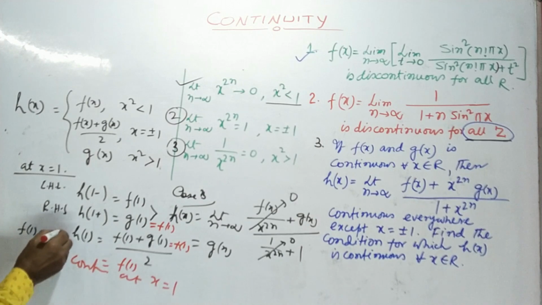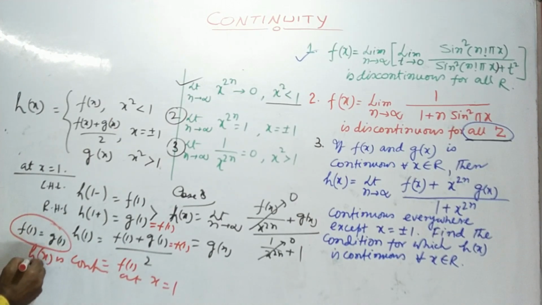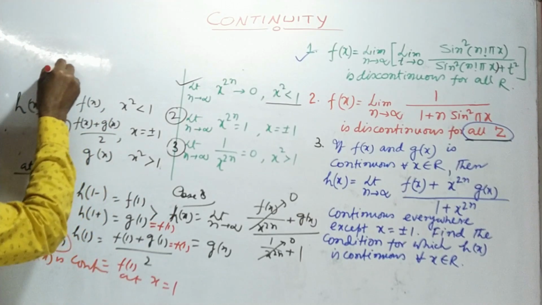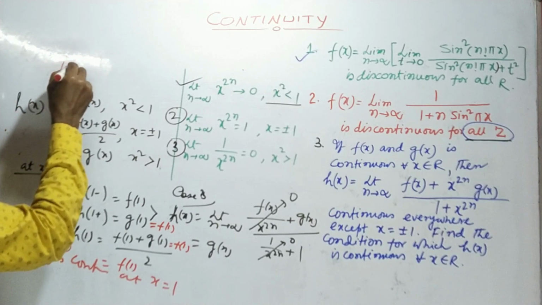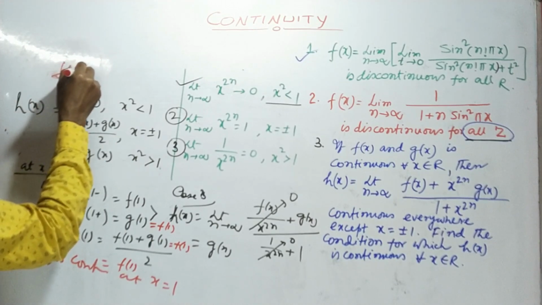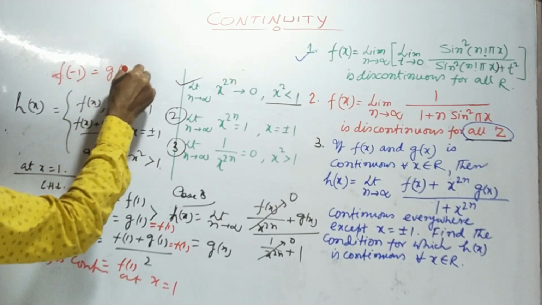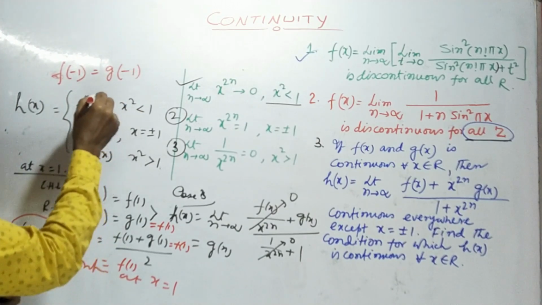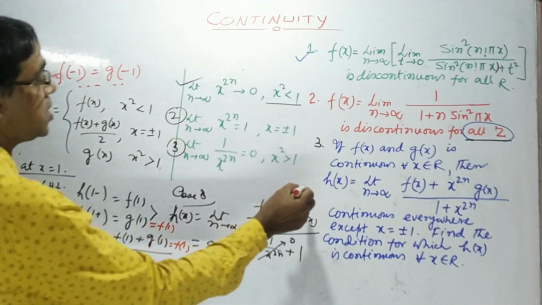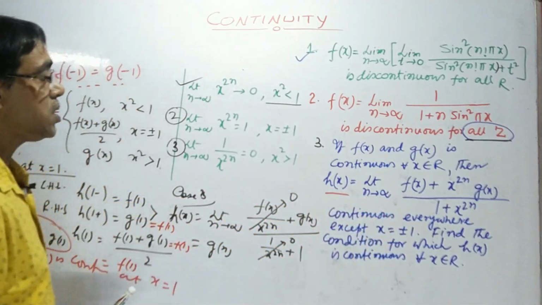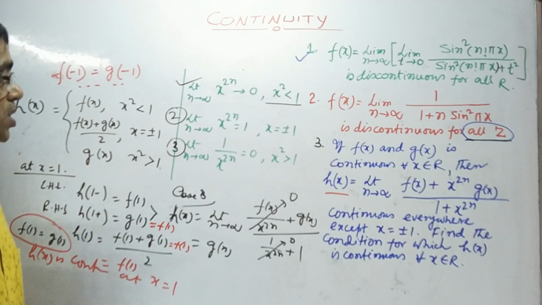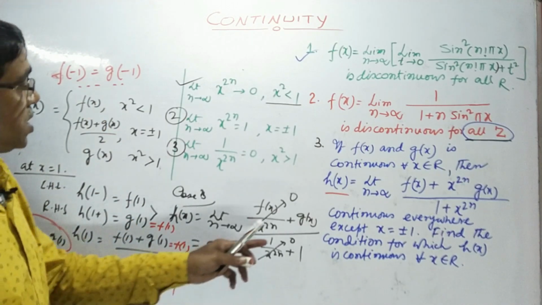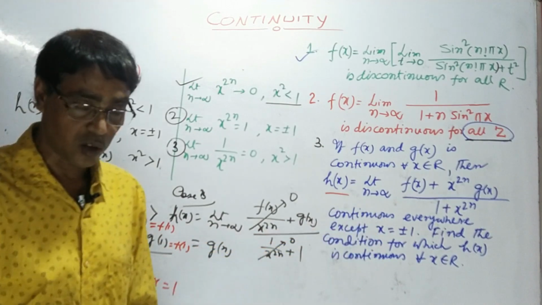The condition is f(1) equals g(1). Similarly, if we set f(minus 1) equals g(minus 1), then h(x) is also continuous at x equal to minus 1. In this case, h is continuous everywhere. Otherwise, it is discontinuous at x equal to plus minus 1.